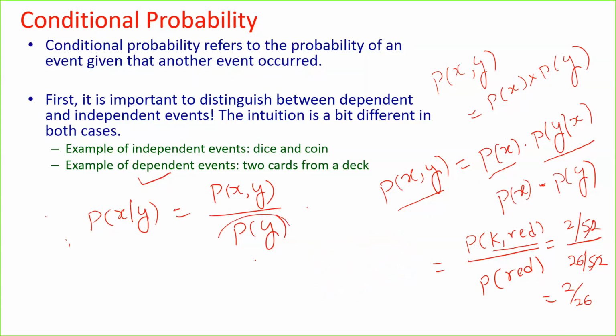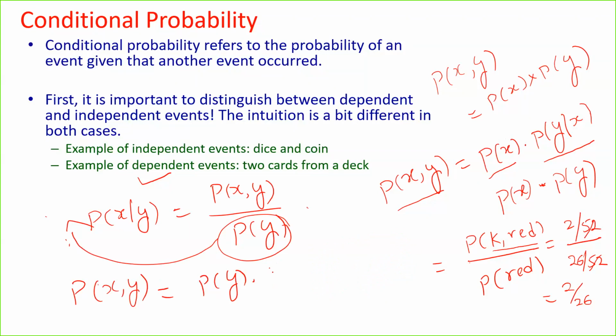If I bring this y this side, probability of x comma y is equivalent to probability of y times probability of x given y. Can I write this?